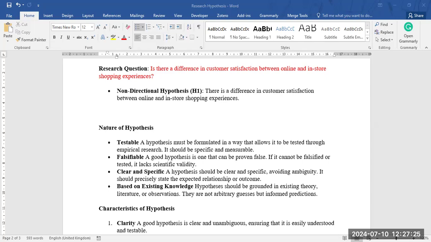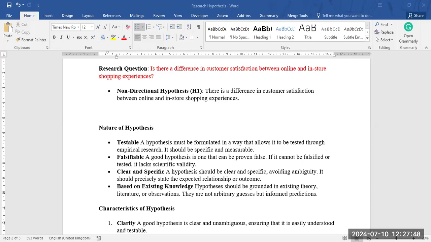So the company wants to test. What is the test the company is going to do? Compare email marketing and social media marketing. So that's why the company wants to test whether email marketing leads to higher sales compared to social media marketing.